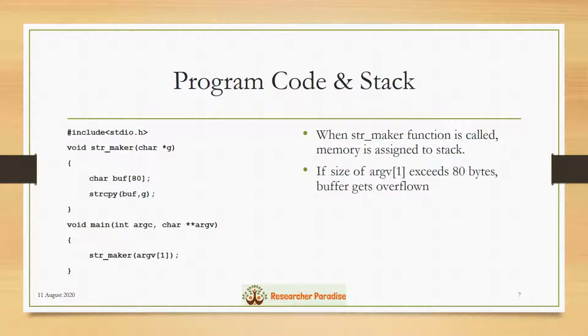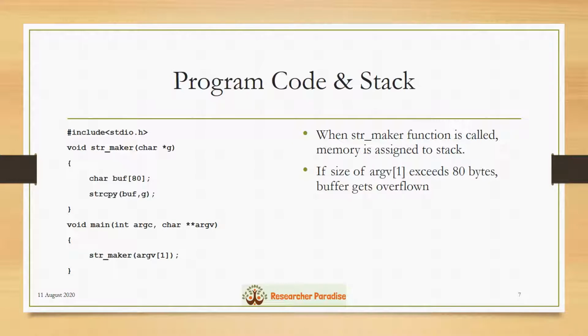Now, as we know, the string copy function itself is dangerous. Why? Because it does not perform any input validation. Thus, if the user feeds a value which is exceeding 80 bytes, the string copy function will lead to buffer overflow and cause the program to crash.